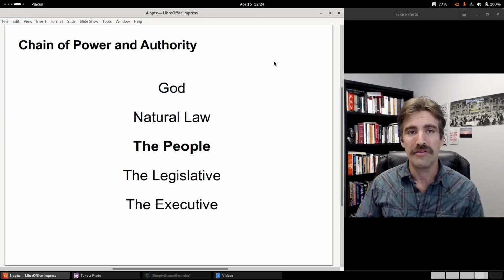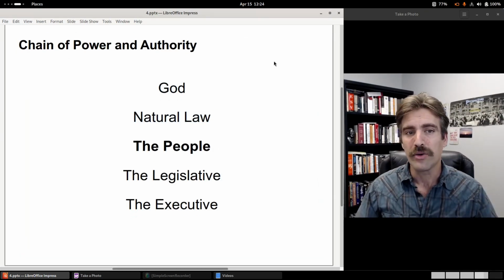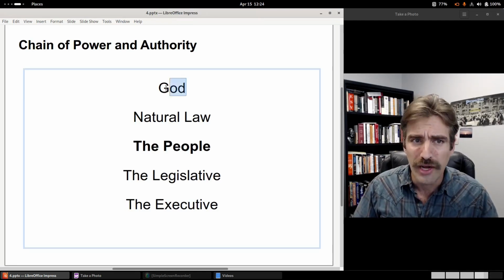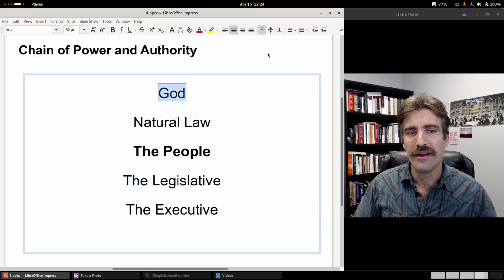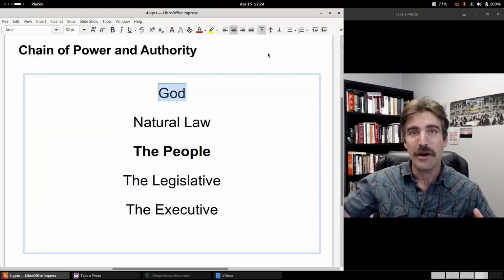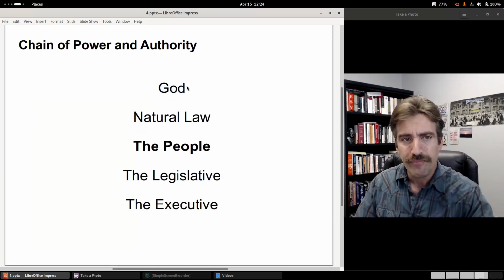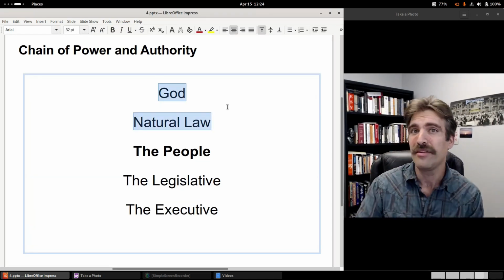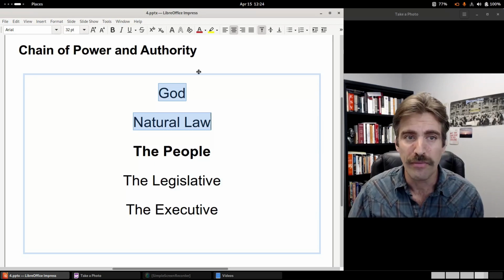The people can't just decide they want to subvert natural law, God's law, and get away with it. No, there would be a judge who would judge them accordingly, a higher power who would judge them accordingly. These two powers are immutable and are completely out of the hands of the people. These are the two supreme powers.